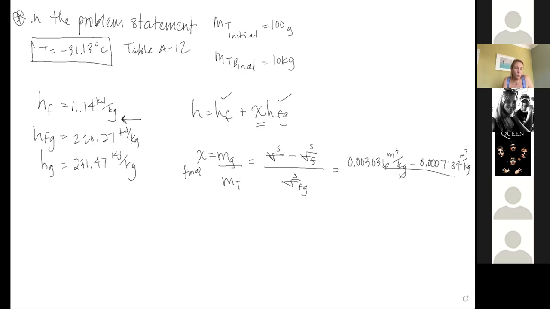And our saturated liquid vapor is going to be our saturated vapor minus our saturated liquid, which is 0.2702 cubic meter per kilogram minus 0.0007184 cubic meter per kilogram.